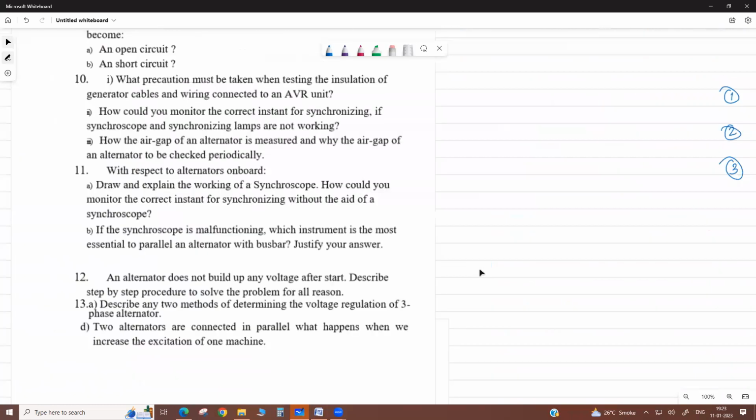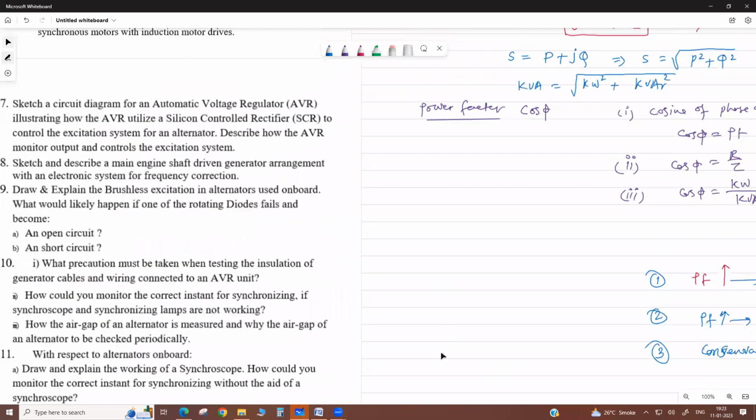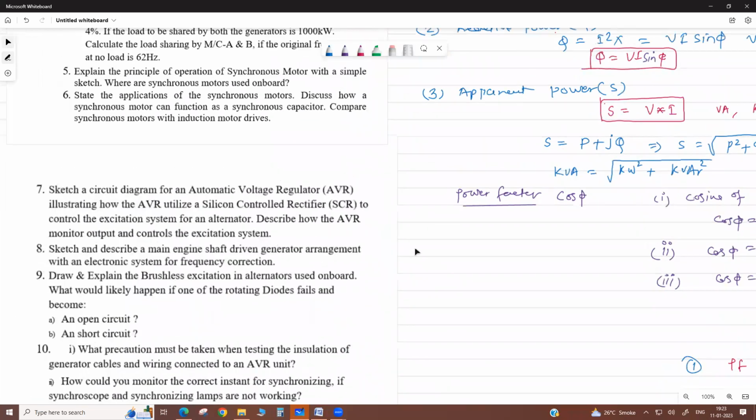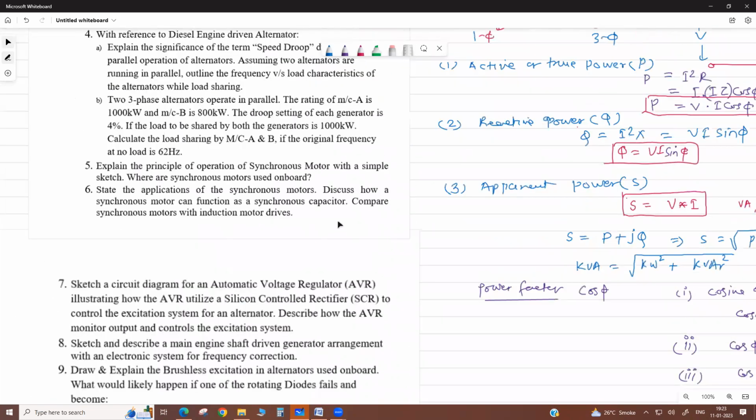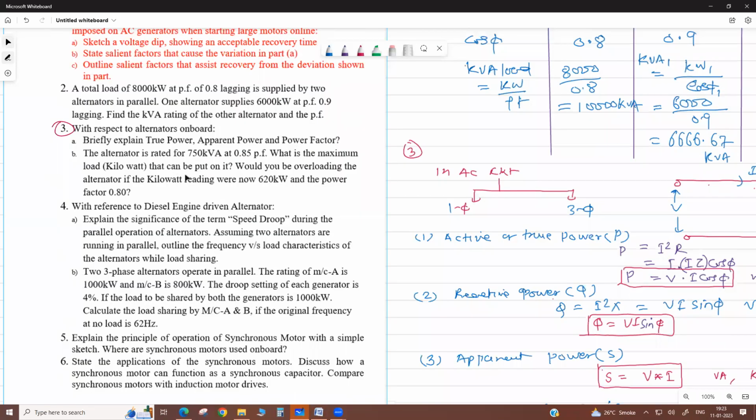Now this question is a part of the second part.